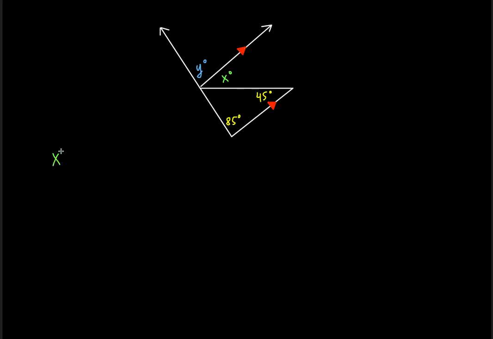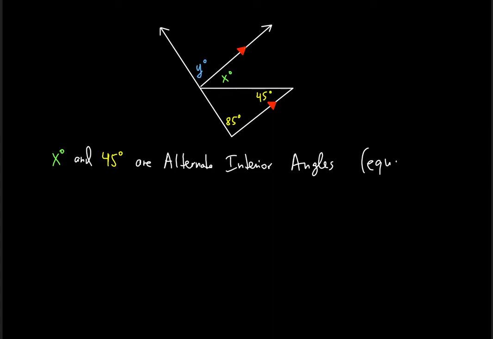So x and 45 degrees are alternate interior angles, and of course they would be equal. So what does that mean? You can safely say x is equal to 45. That's fairly easy. So x is equal to 45 because these two are alternate interior angles.